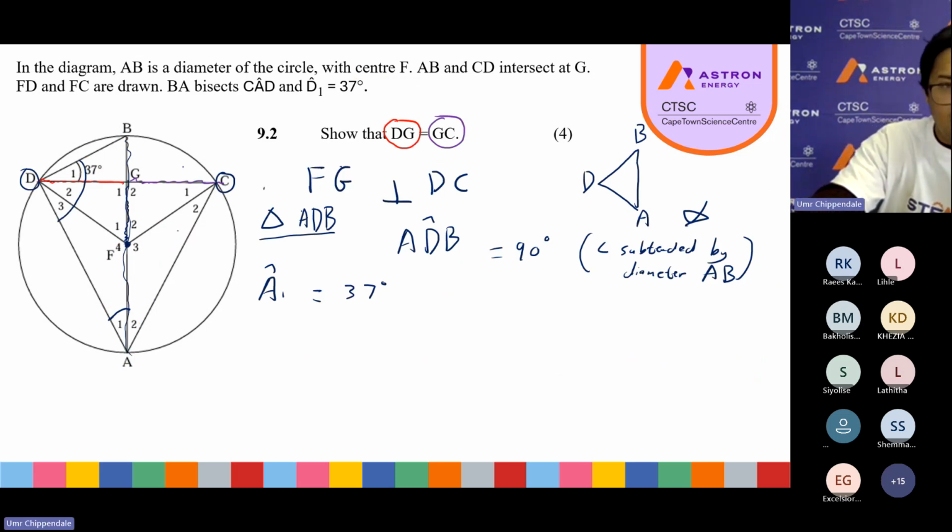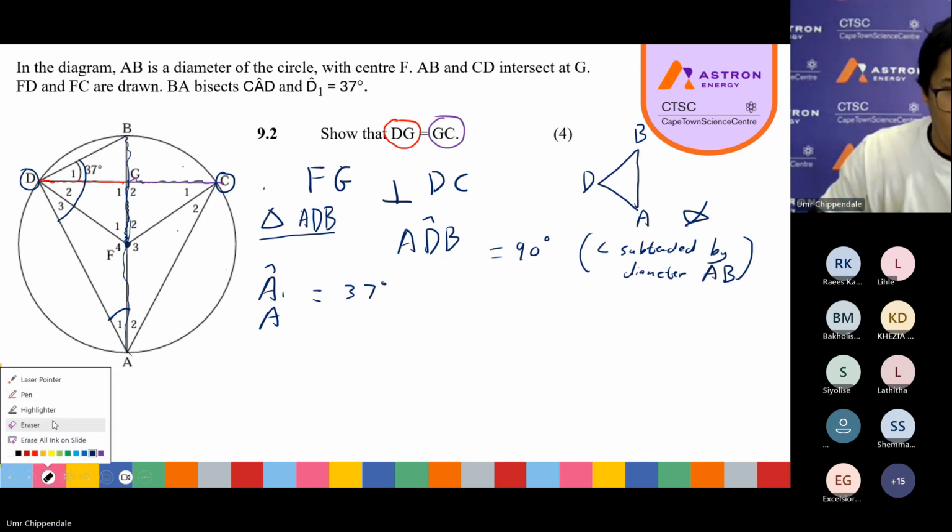So if that is the case, now we can say that ADB. Sorry, I must swap these two around. We're dealing with the last one right now because we have this over here. We know that's going to be 90. So we need this section here to find the last one.